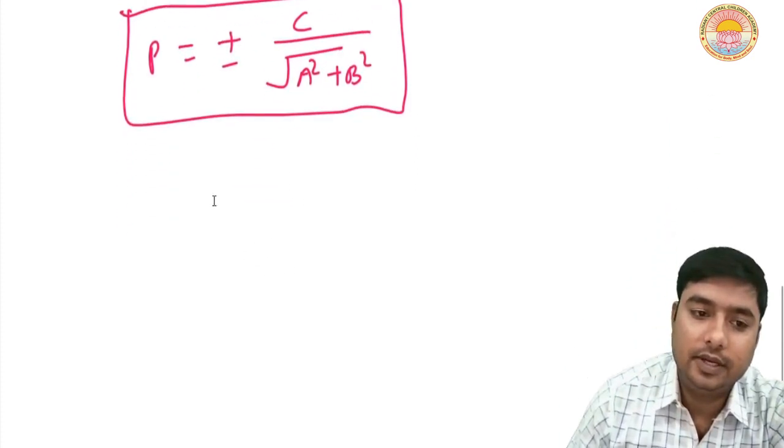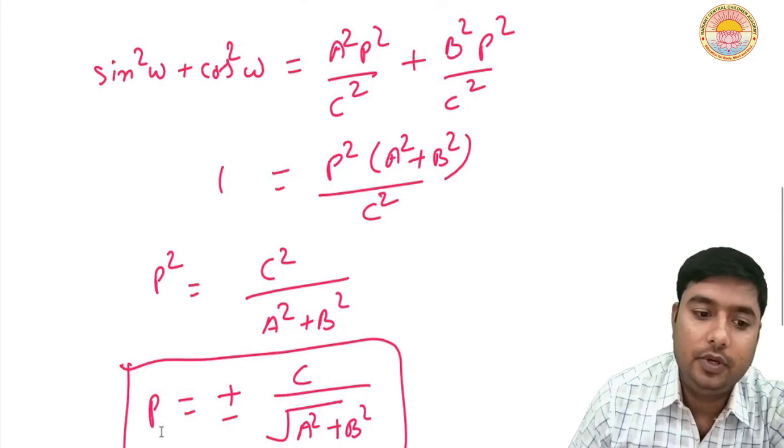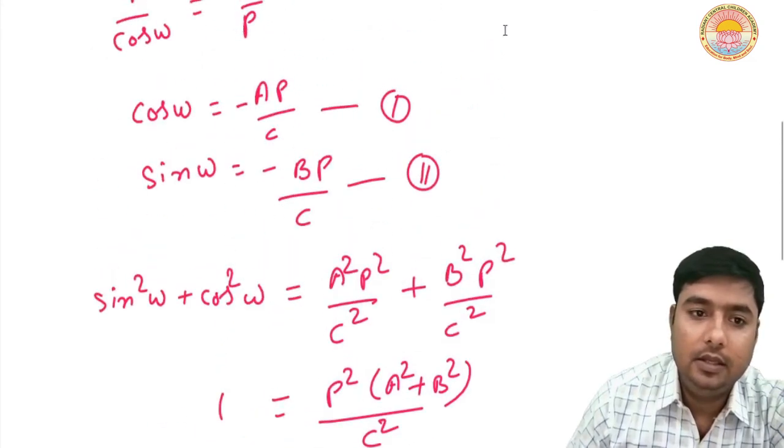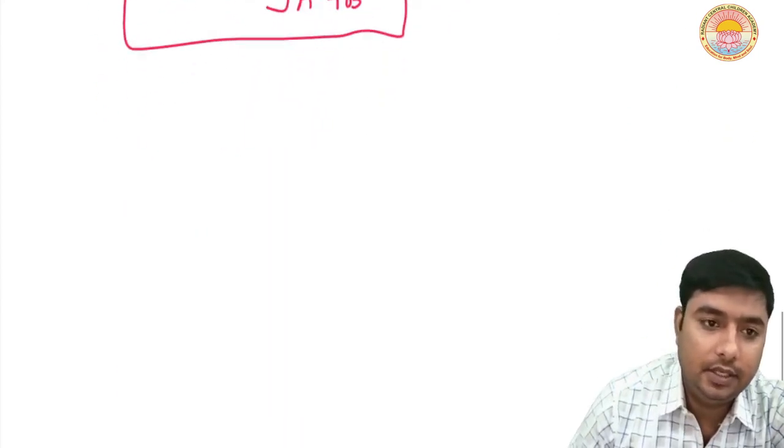We can also find this value as the perpendicular length. Now we can put the value of p in this equation. Cos omega equals to minus ap upon c.